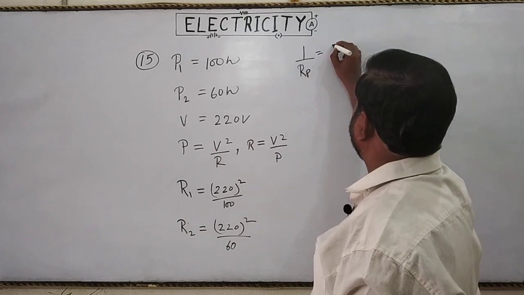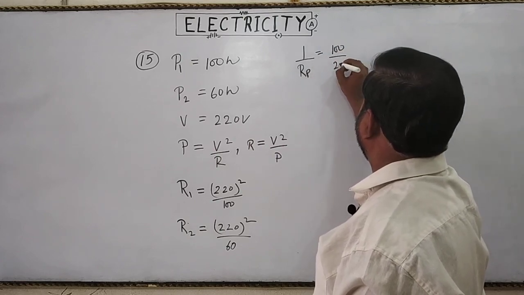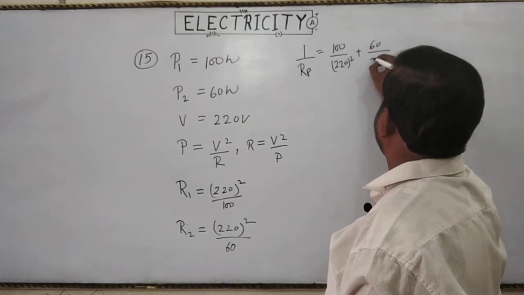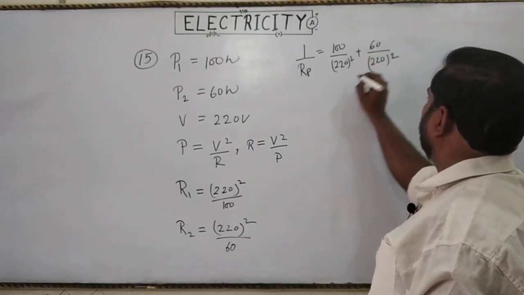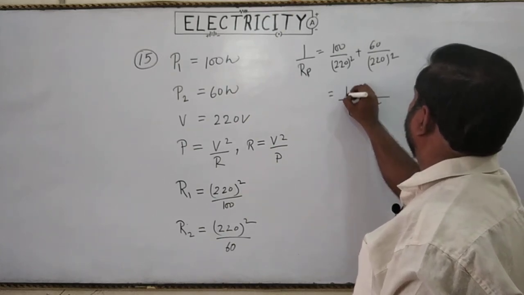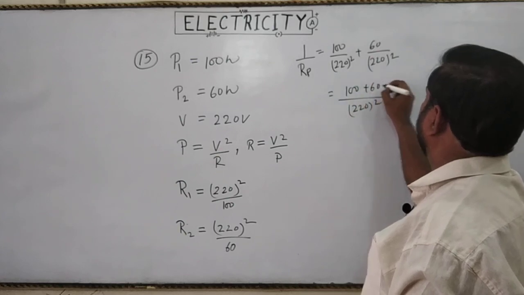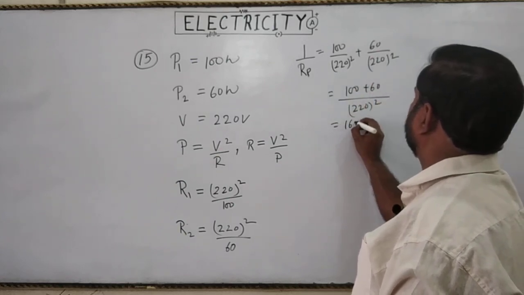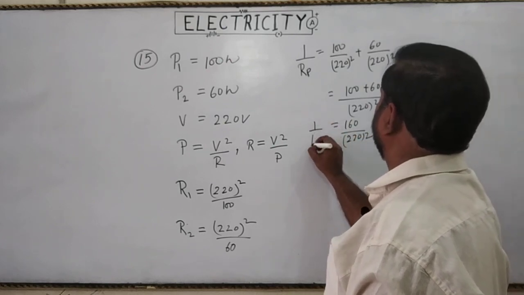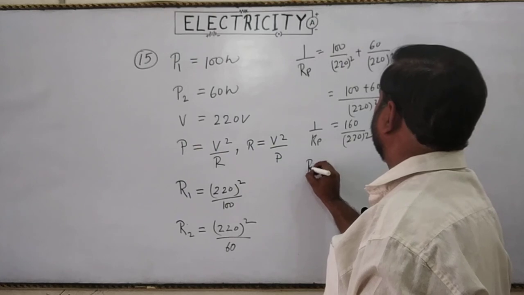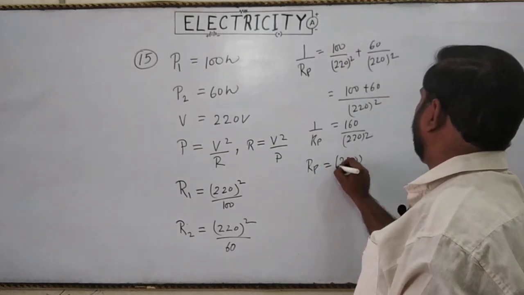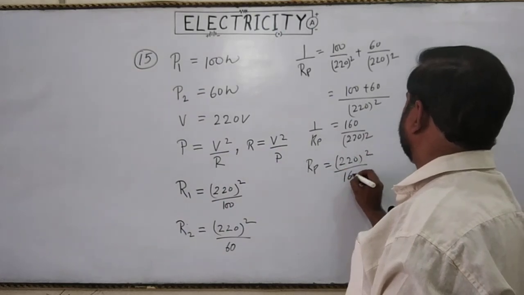We take the reciprocal of both and add them. So it gives us (100 plus 60) upon 220 square, that is 160 upon 220 square. So our resultant resistance for the circuit will be 220 square upon 160.